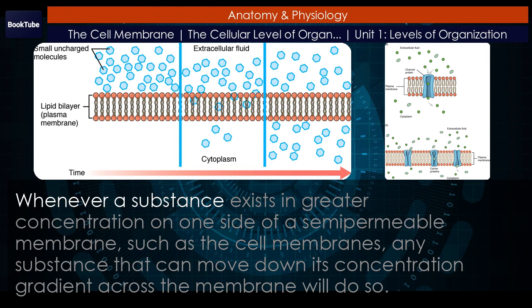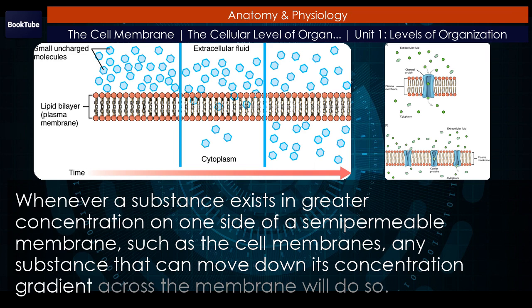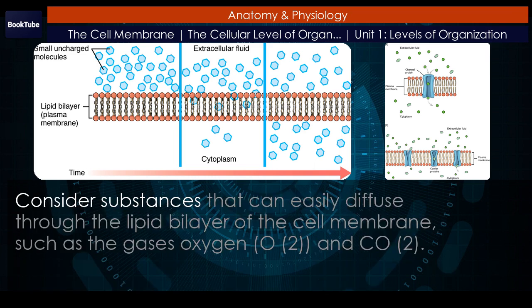Whenever a substance exists in greater concentration on one side of a semi-permeable membrane, such as the cell membranes, any substance that can move down its concentration gradient across the membrane will do so. Consider substances that can easily diffuse through the lipid bilayer of the cell membrane, such as the gases oxygen, O2, and CO2.